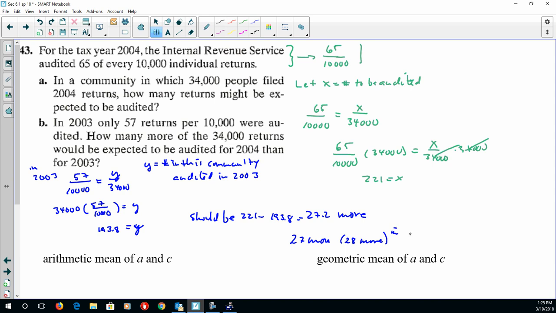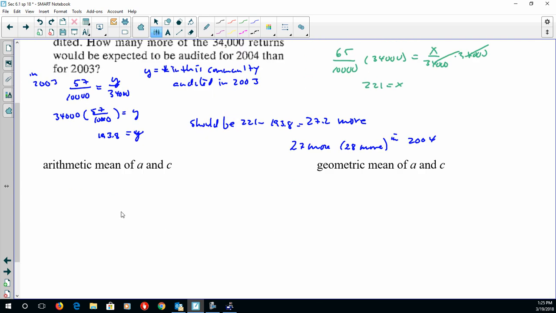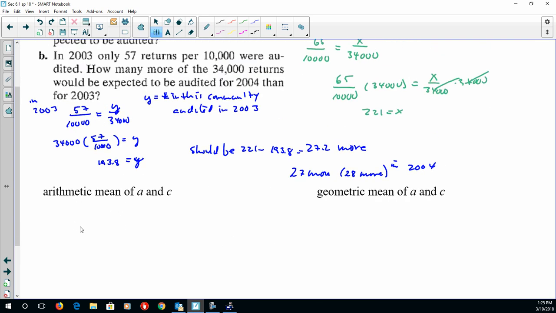Okay, a few terms here. I have two numbers, A and C. The arithmetic mean, the ordinary old mean, it's the ordinary old average. Add them up and divide by 2. Arithmetic mean equals ordinary average.